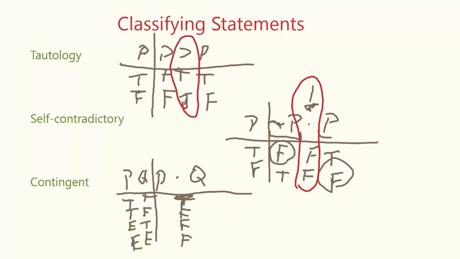But since there is a case in which this proposition can be true and a case in which this proposition can be false, it's contingent. It's neither necessarily true or necessarily false. It depends on the situation. It depends on whether this is the situation that obtains or whether one of these situations is what obtains.